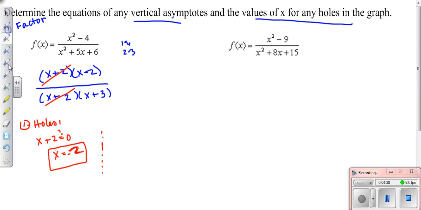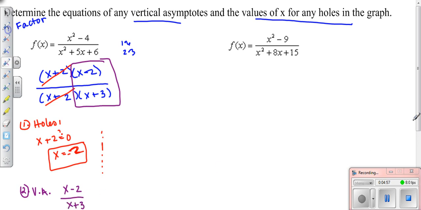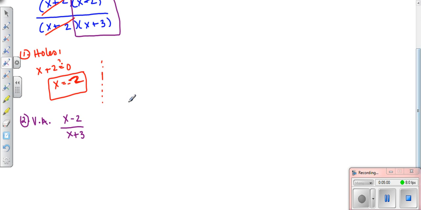Now to find the vertical asymptote, remember we look at the simplified version, which is right here, of x minus 2 all over x plus 3, and we say, well, where would that denominator equal 0?